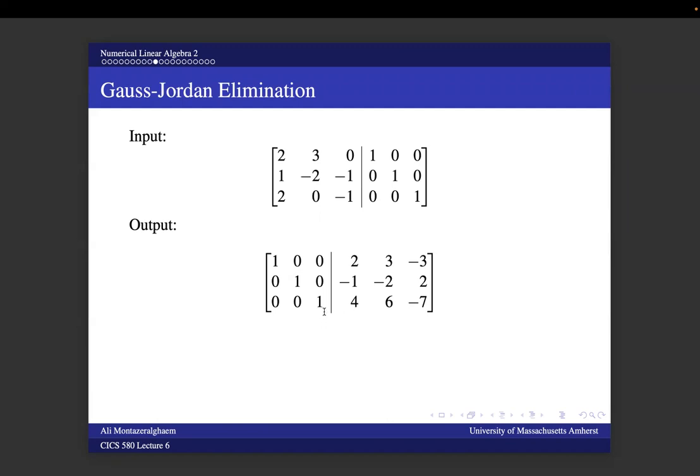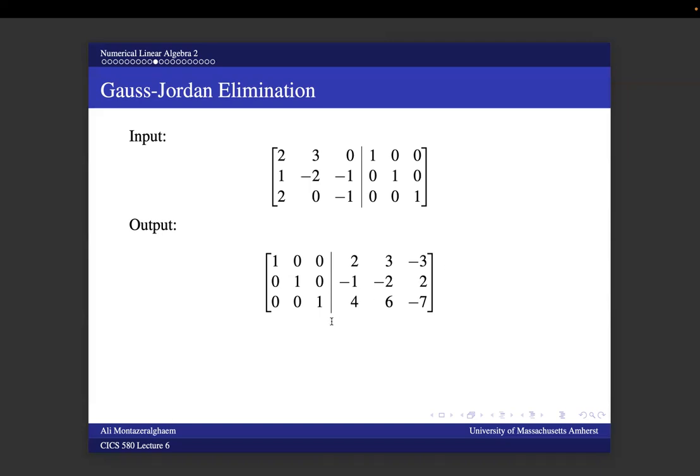It is important to keep in mind that we need to apply operations on the input to get the output, which has an identity matrix on the left. And if we can do that, the right side is the inverse of the matrix, right?